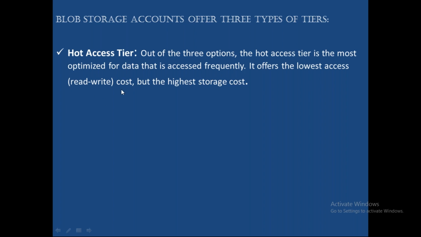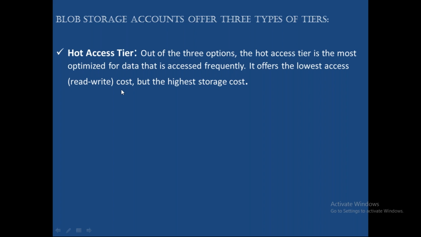So for accessing data, it will be cheap, but you need to pay more for storing the data. There are only 2 differences across all the types. You need to focus on why you are going to use a particular tier, in which case the price is high, and in which case the price is low.